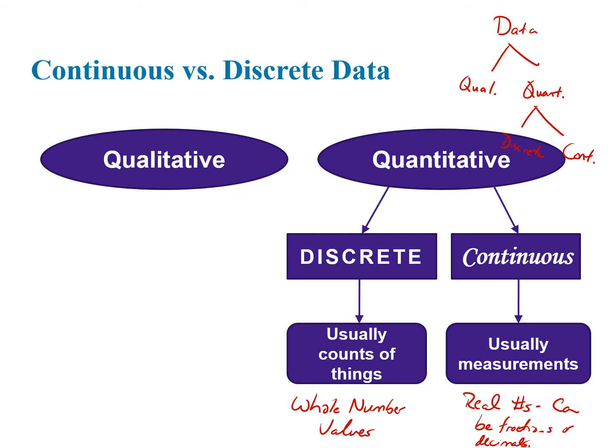So you can have parts of something here. So for example, your height, you might be 67.5 inches tall, for example. Or you might be 21.5 years old. So you can have parts of something. That's going to be continuous data.